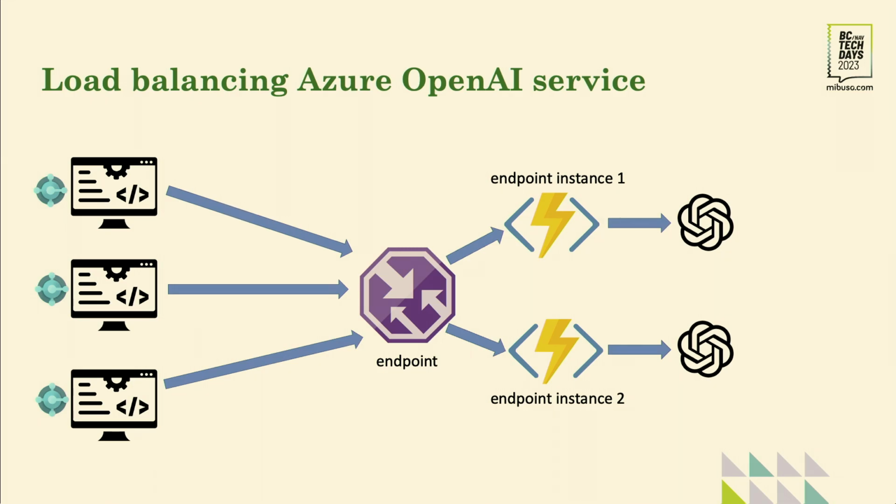I can create more instances of the Azure OpenAI instance. I can have a single endpoint where, according to the number of requests, I redirect the request to my Azure function. This permits me to avoid the token limit, because if I have 1,000 users, I can redirect the requests across instances.